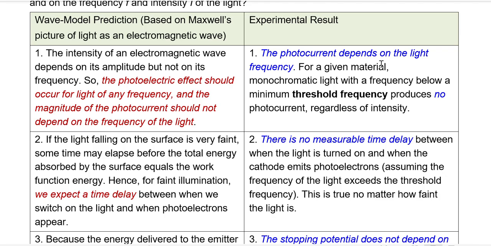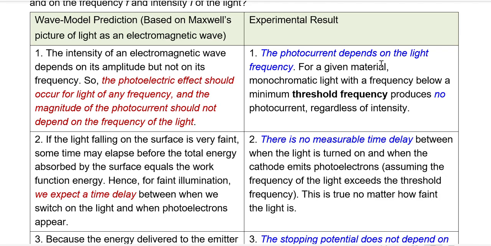So the metal will not emit electrons, because electron-photon interaction, remember, is 1-1. That means the electron can only absorb one photon. And if that one photon is not enough energy to help me escape from the metal, that is, equal to my work function, then it doesn't matter whether you change the intensity higher or not, because increasing the intensity, if you remember carefully, just increases the number of photons.